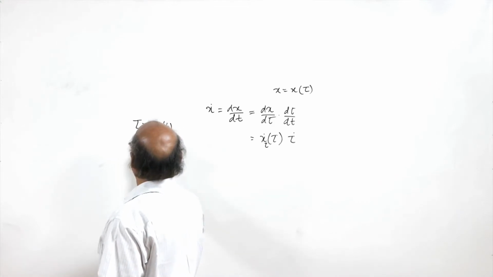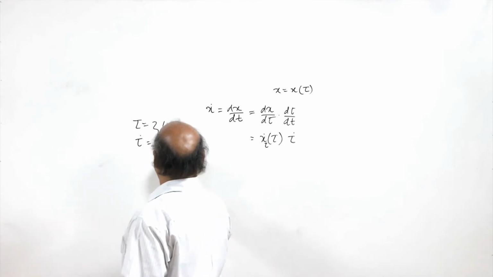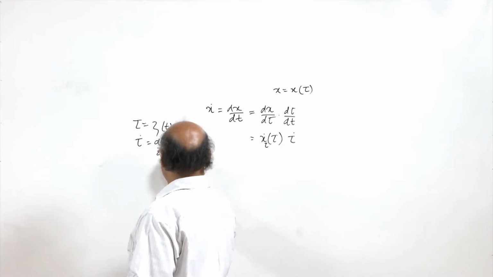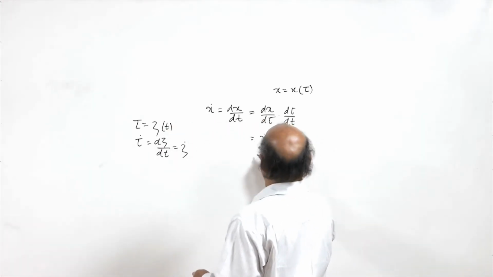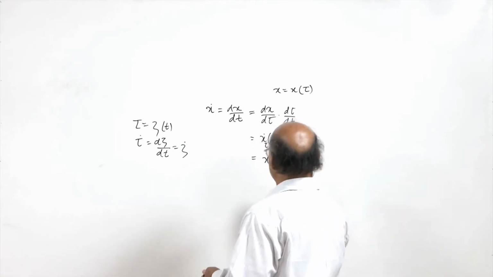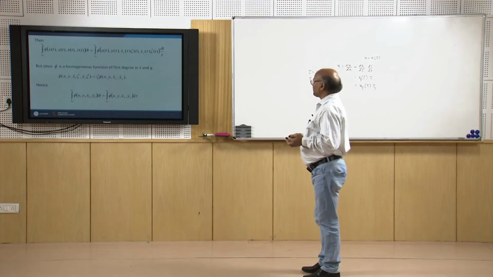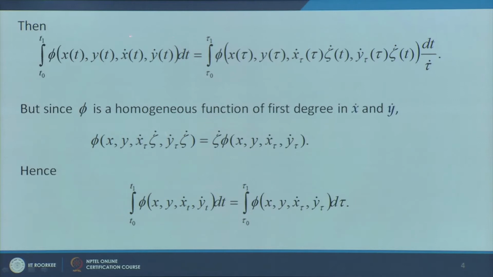So, tau dot will be d zeta over dt, equal to zeta dot. So, this is nothing but x dot of t equal to x dot(tau) into zeta dot. Similarly, y dot of t is dy over dt, which will be dy over d tau into d tau by dt. So, we will write it as y dot(tau) into zeta dot(t).